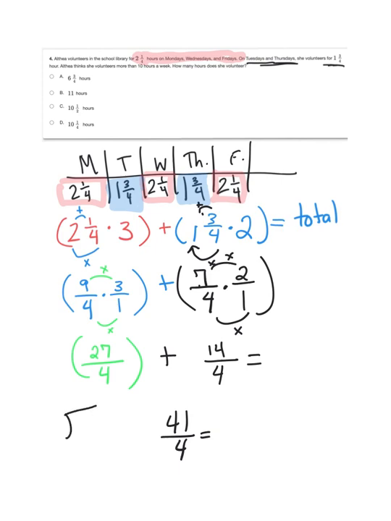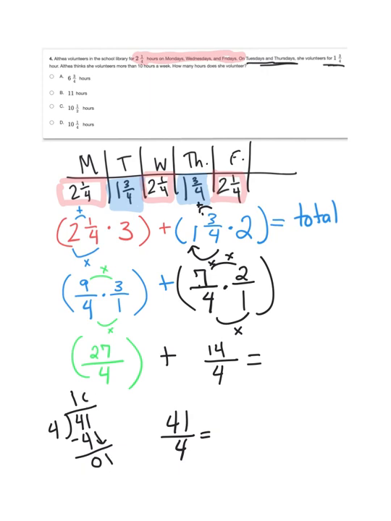To do that, we need to divide. 41 divided by 4. 4 goes into 4 one time. 1 times 4 is 4. 4 minus 4 is 0. Bring down the 1. Now here's where it gets tricky.